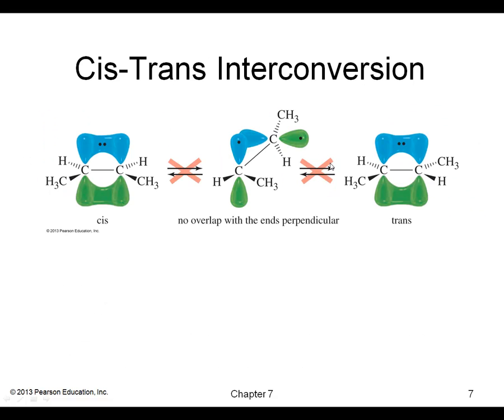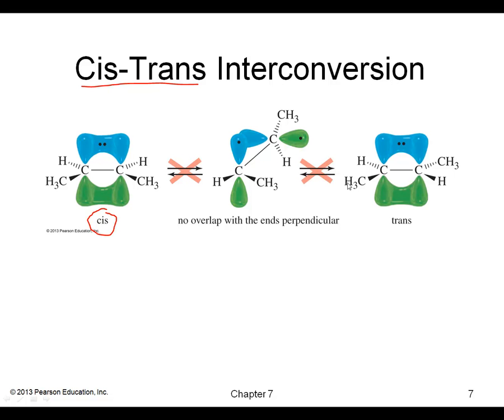Okay, and because we have this pi bond, this introduces us to the possibility of new kinds of isomers, the cis-trans. Remember, we covered that with the cyclics, but you can now have it if you have a double bond. Here the two CH3s are on the same side, so this is what's called the cis isomer.